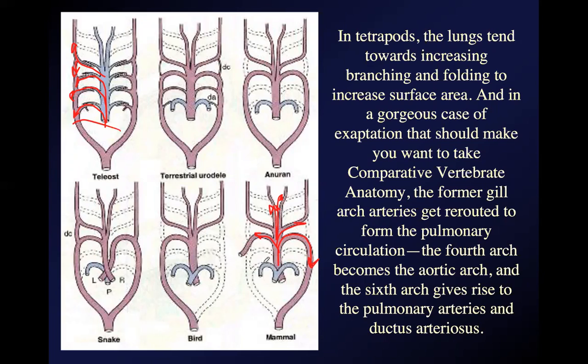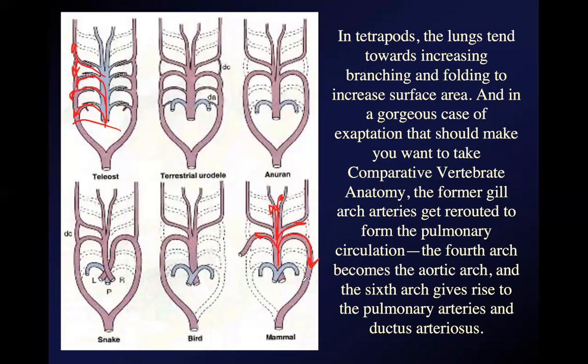And the arteries and veins of the sixth arch get rerouted a little bit, and they give rise to the pulmonary arteries that carry blood to the lungs, where it gets oxygenated. They also give rise to a little connection called the ductus arteriosus, which is supposed to close right about the time of birth.